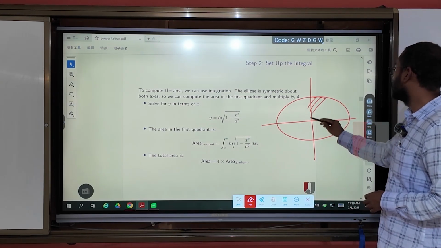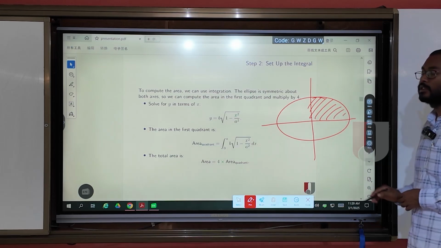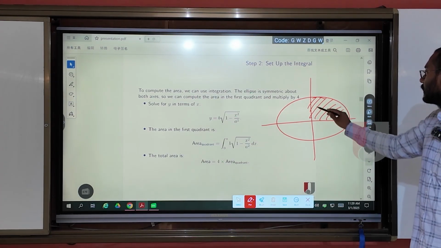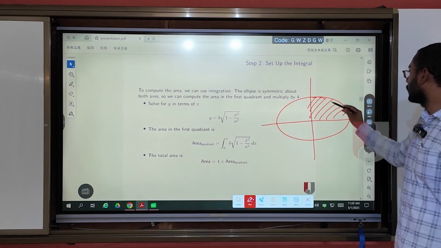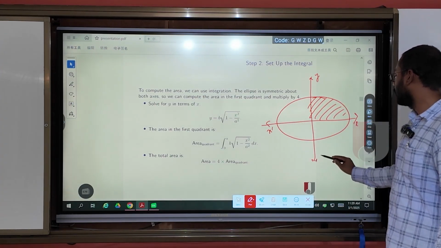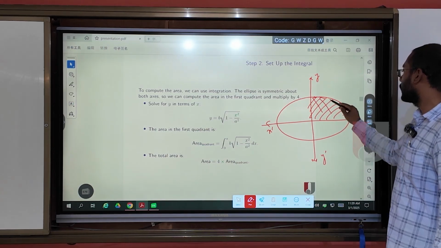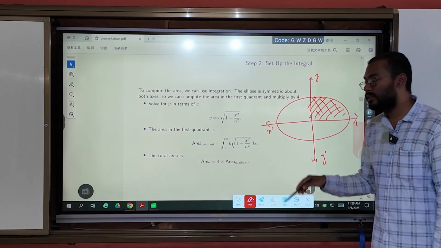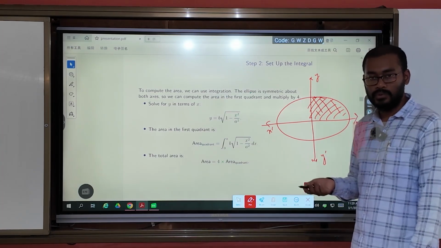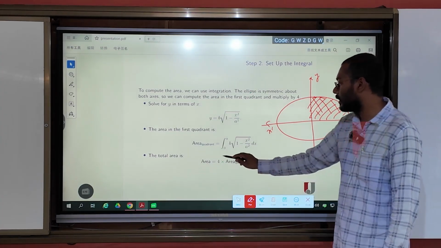First we compute the area inside the first quadrant, between x and y. After that, since everything is symmetric, we multiply by 4 to get our required result.